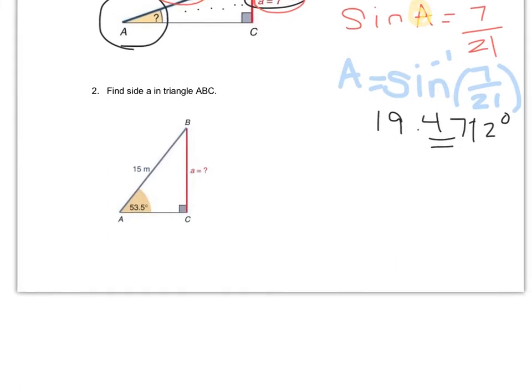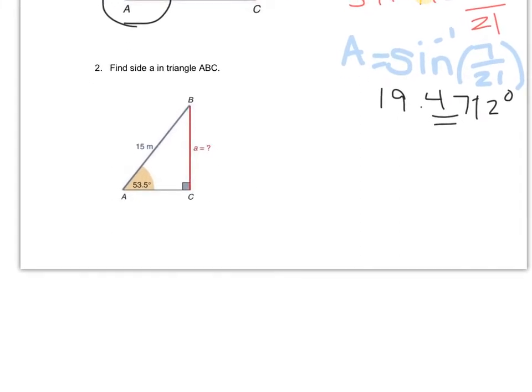If we look at the next problem, it wants us to find a side length. It wants to know how big side A is. So again, they gave us the angle that is opposite side A, and they gave us the hypotenuse. So since we have an opposite side and a hypotenuse, that again is going to be sine.